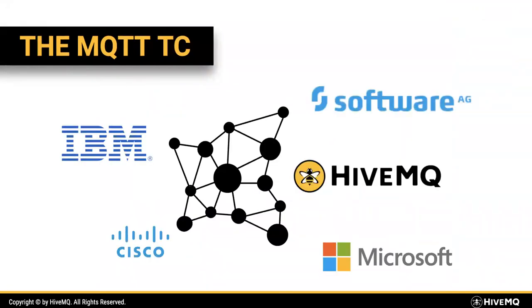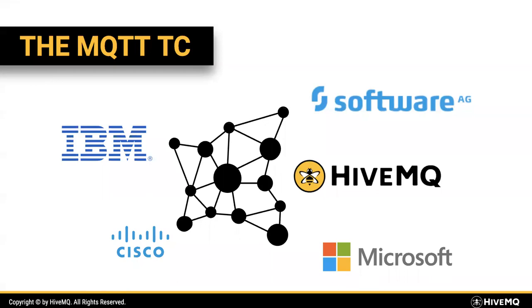I talked about the MQTT technical committee at OASIS, and you might wonder which players are standardizing on MQTT. There are a lot of players here, but basically you have giants like IBM, Cisco, Microsoft, Software AG, and other players.